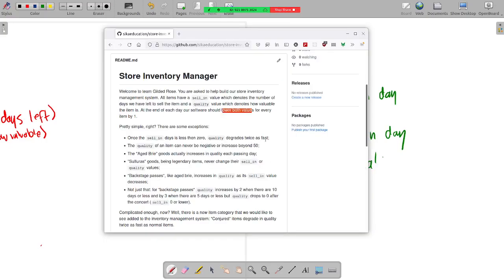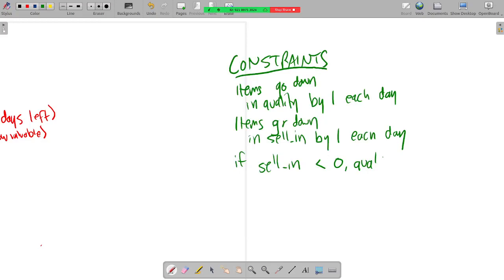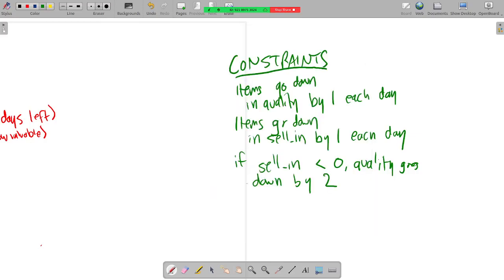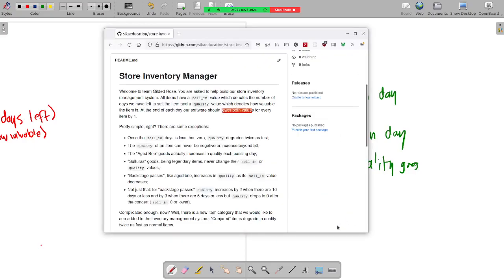Quality degrades twice as fast, so it normally goes down by 1, now it goes down by 2. The quality of an item can never be negative or increase beyond 50. So quality maxes at 50. Quality mins at 0.